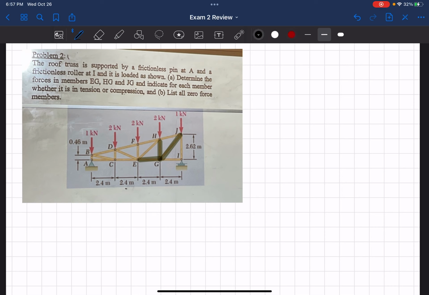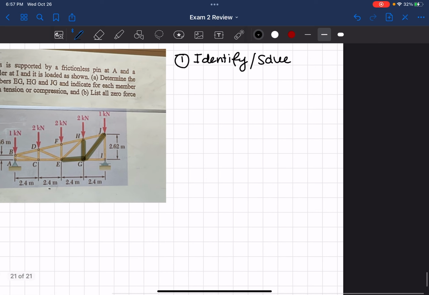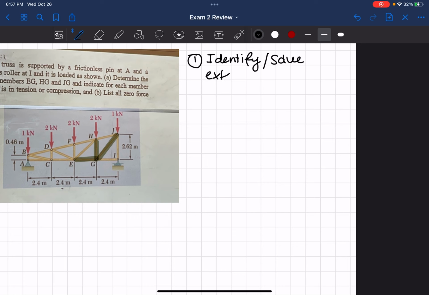Okay, so the first thing that I do when solving a truss problem is identify and solve for external reaction forces.